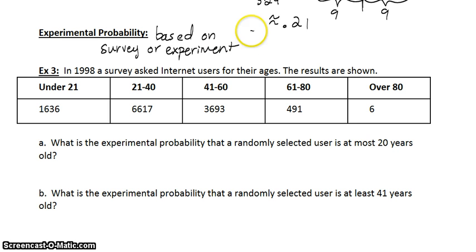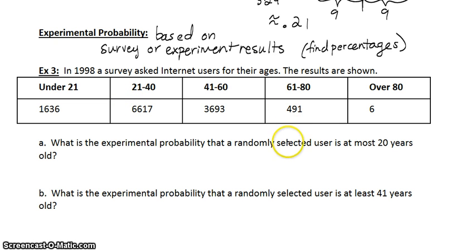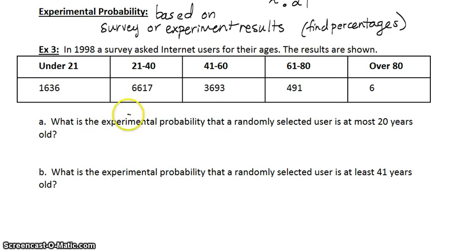And some students feel like this doesn't even seem like you're doing probability, because what you'll usually do is just be finding percentages based off of given information. It is technically still considered experimental probability though. So let me show you what I mean.